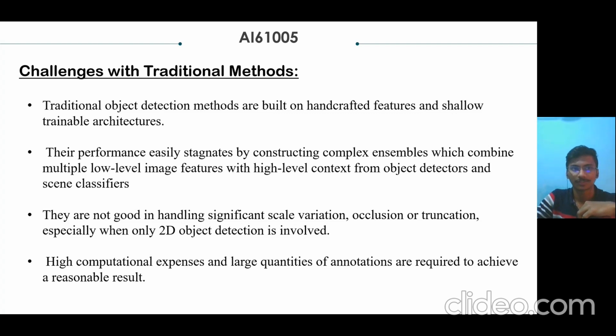Say you input 256 cross 256, and we have performed the task. If you change the input dimension to 512, then this approach will not work. Even a small change in occlusion, brightness, or contrast will make it fail. There are also high computation expenses for this task, and a large annotated data set is required, which is very difficult to get for object detection.